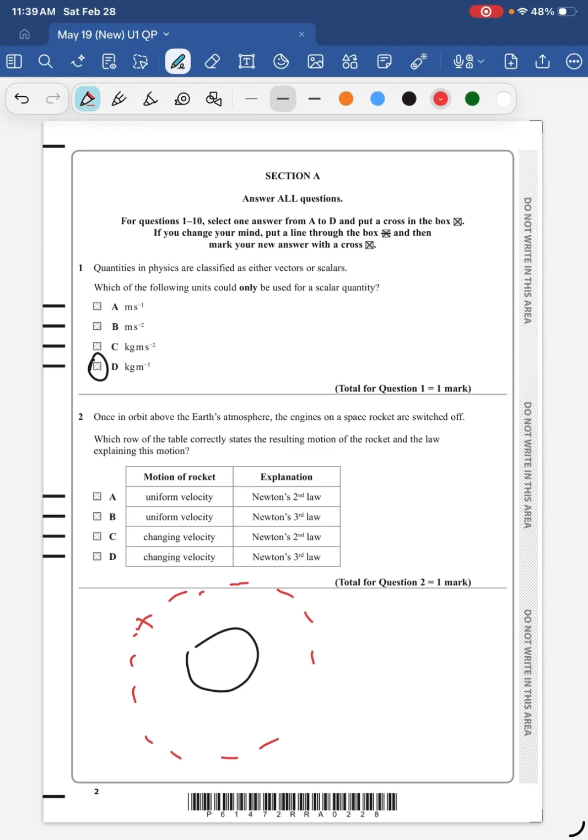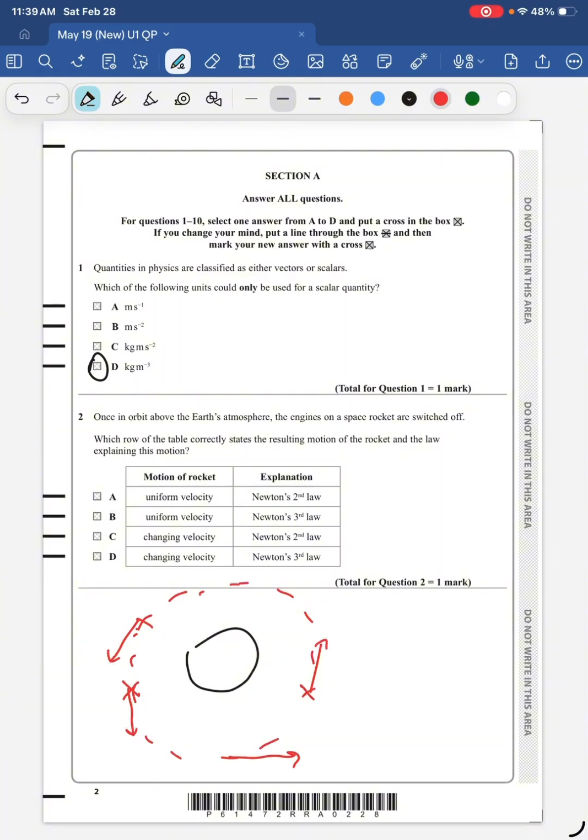This is something that you eventually learn in Unit 4, I think. But when the satellite is in orbit, the velocity is tangential to the circle, so the velocity always changes direction. So that's the key. The velocity is not uniform because only the magnitude is constant. So we have changing velocity.